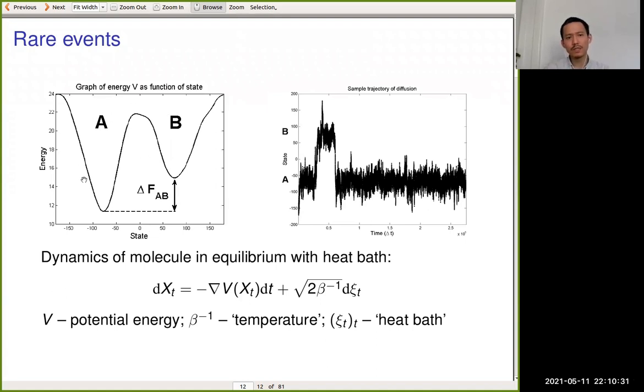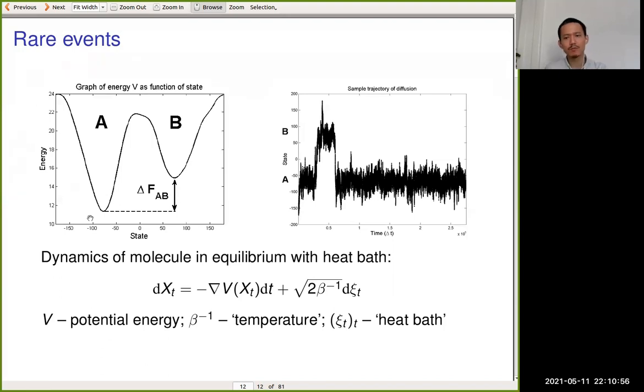On the left, what you see is a very simple conceptual picture of an energy landscape. The black curve is the graph of an energy function V. On the y-axis we have energy. For simplicity, we have 2 conformations, denoted A and B, that correspond to areas of low energy.